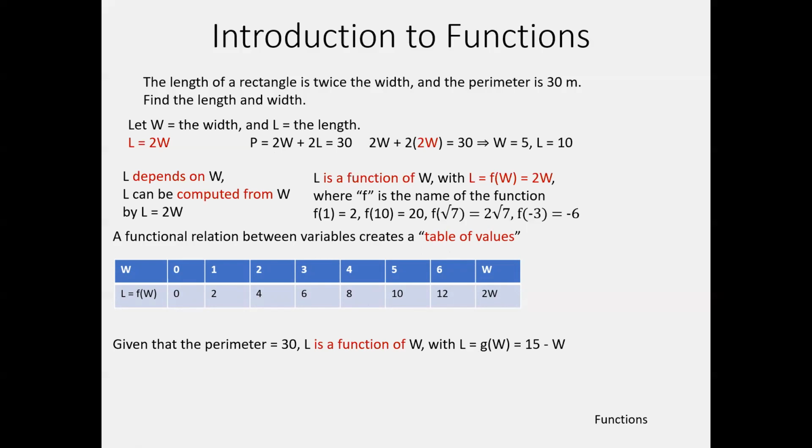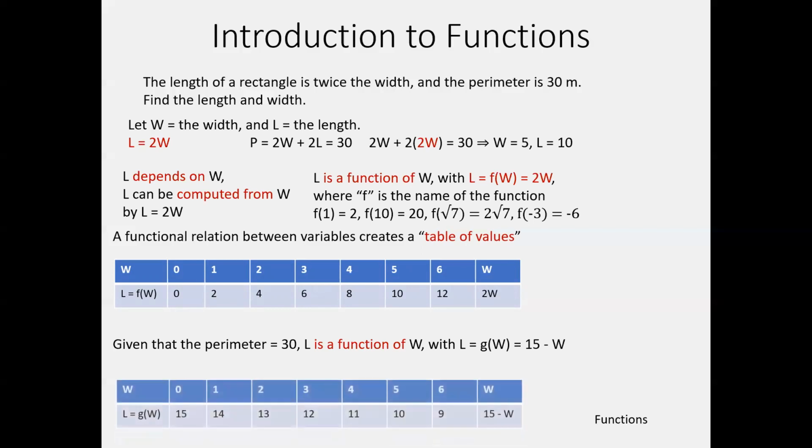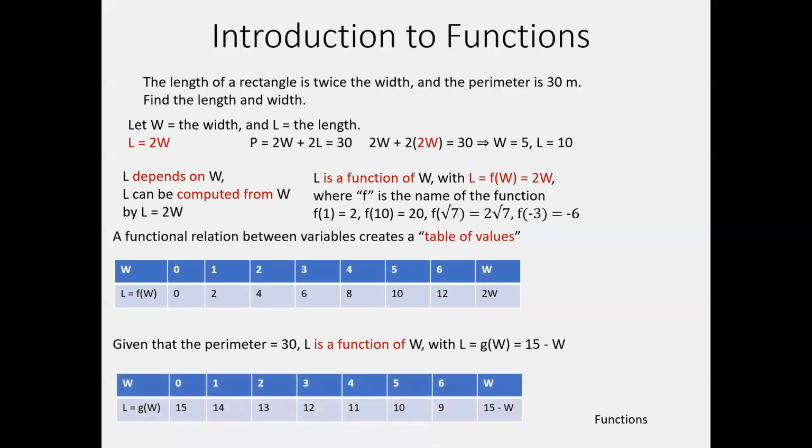So I have a second function of L as a function of W, and it generates its own table of values. For each one of those W's, I simply subtract that W from 15, and I get a table of values. What this substitution method has done is sift out for us the same set of values in both tables.